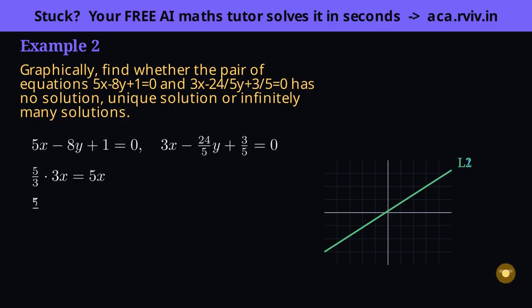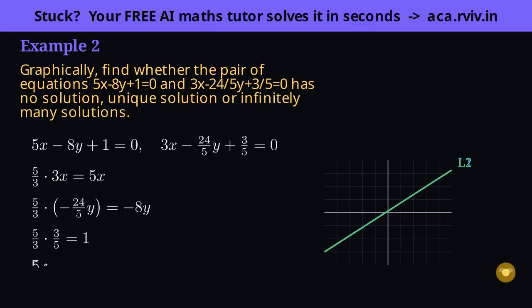Now the y term, scaled by the same 5/3. 5/3 times minus 24/5 y, the 5's cancel, 24 over 3 is 8, gives minus 8y, exactly matching the first equation so far. And the constant, scaled the same way to keep the equation honest. 5/3 times 3/5, 5's cancel, 3 over 3 is 1, gives plus 1.